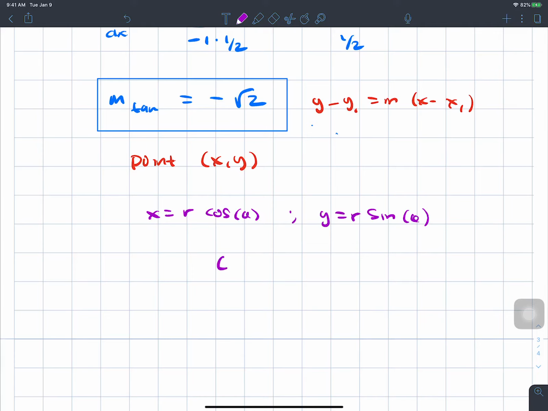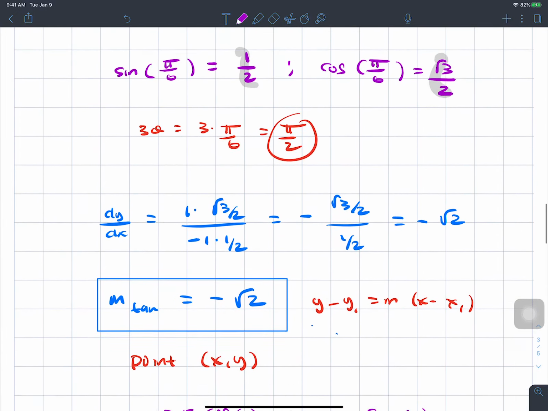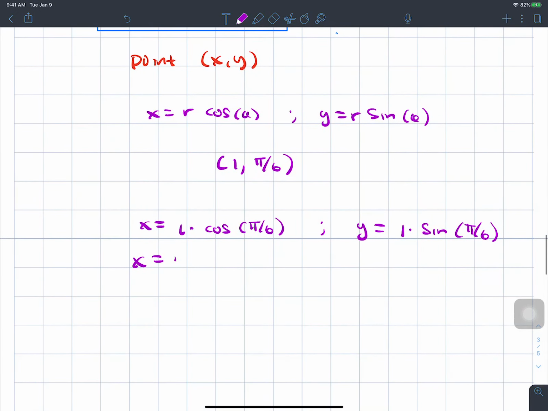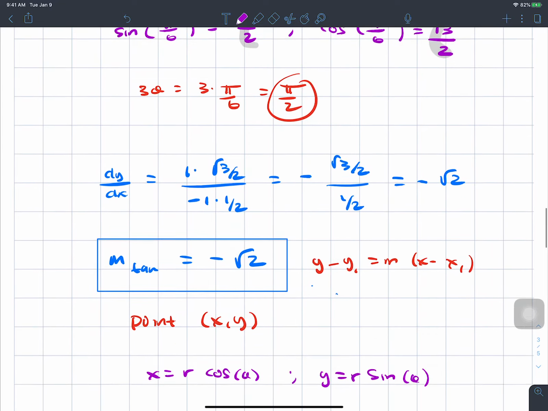And you already know r is 1, theta is pi over 6. So the x-coordinate will be 1 times cosine pi over 6, and the y-coordinate is 1 times sine pi over 6. So the x-coordinate is, we found cosine pi over 6 somewhere, yeah, it's square root of 3 over 2. And y, we found that one, sine is 1/2.